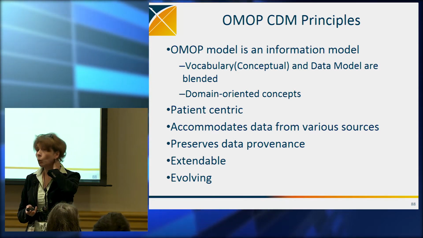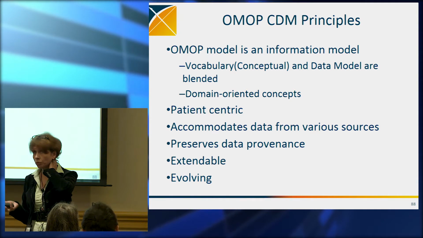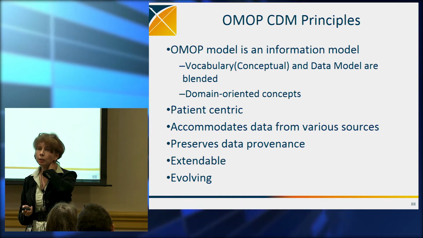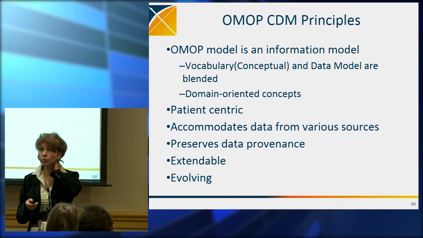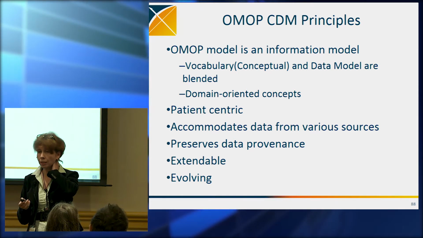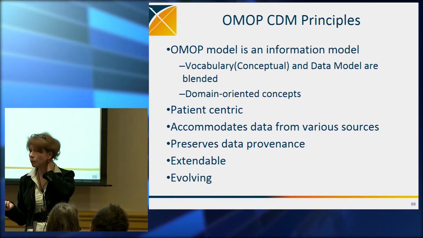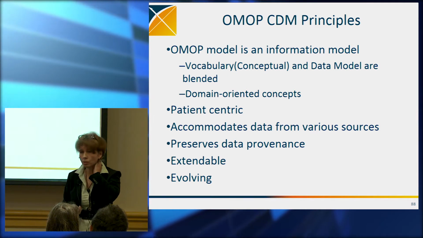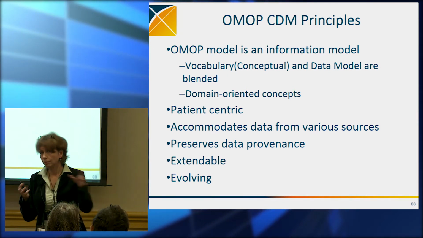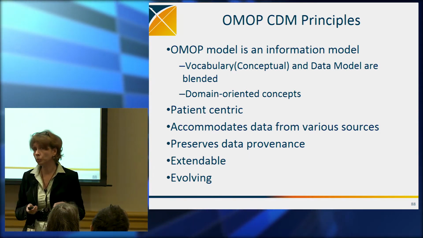If it's a coded value like an ICD-9 code, you also can preserve a source concept ID. If it's a custom code, like many lab systems that only have text values, that's all you preserve.